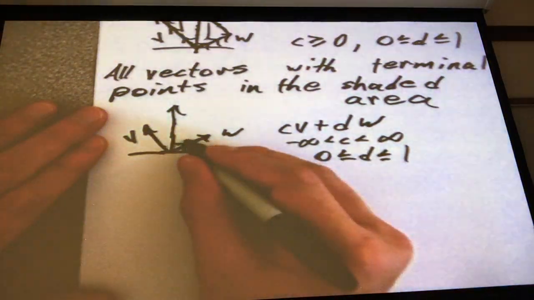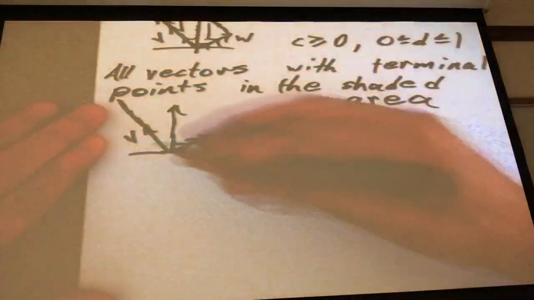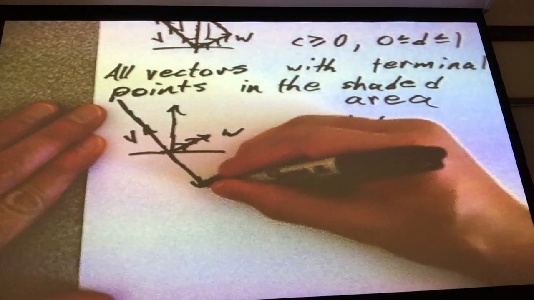Well, W is still stuck in that region right there. V can grow as much as it wants in that direction, and also as much as it wants in that direction.